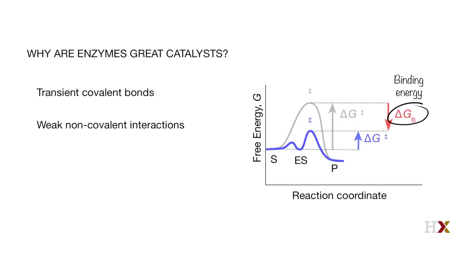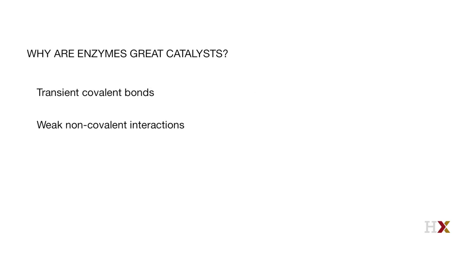Now, most of the enzymes will decrease the activation energy by 60 to 100 kJ per mole. The energy that is released by one weak non-covalent bond is in the range of 4 to 30 kJ per mole, which means that you need only a few of these weak non-covalent bonds to be formed for the catalysis to proceed. And that is an extremely important point.